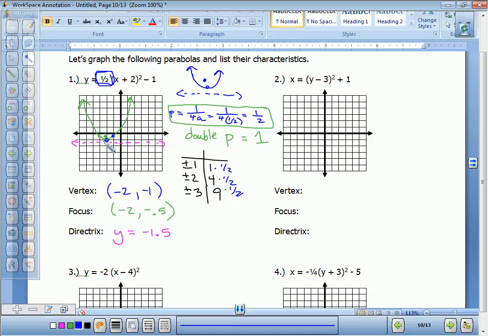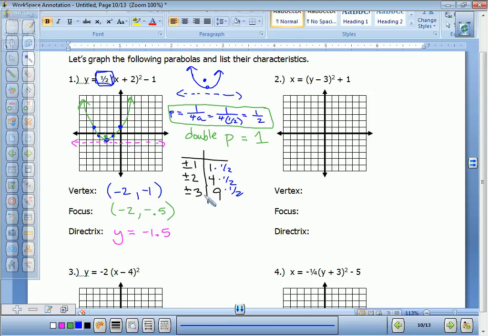Oh, look, we already have a point there and there. That was part of our focal width, wasn't it? If we go over 2, we go up 2. Over 2, up 2. Oh, look, that's where it was anyway. So you see, whether you graph it by doubling P and getting the entire focal width and sketching the graph, or if you use moves, like we used to, you're fine.